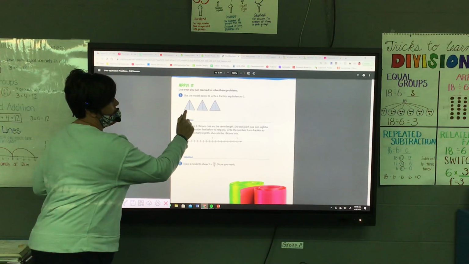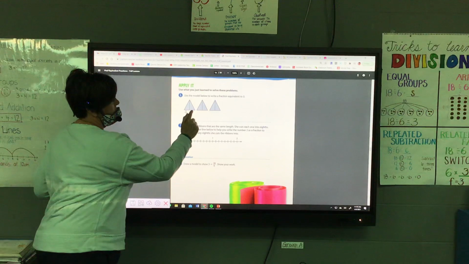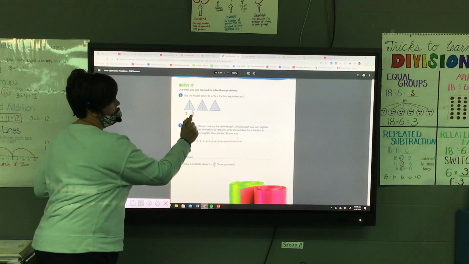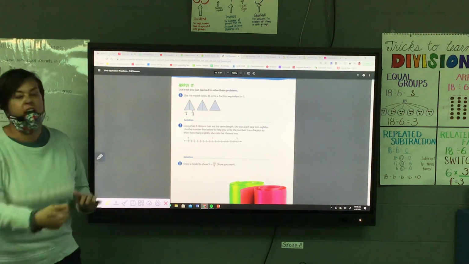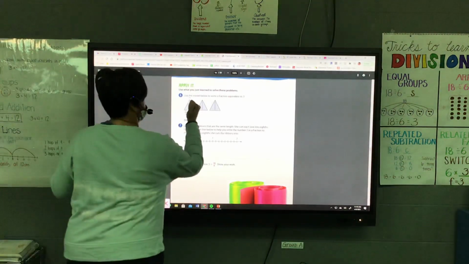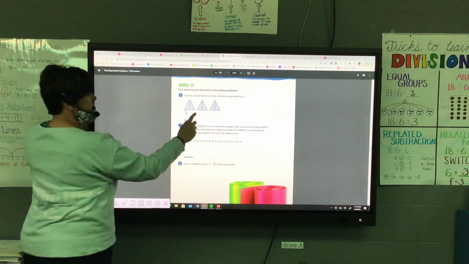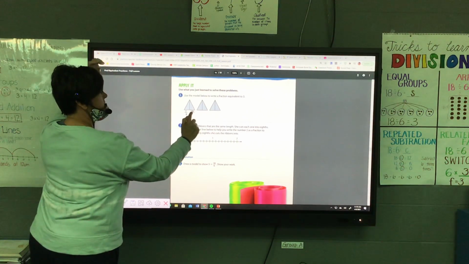So this would be 1/2, right? This would be 1/2. But if I were counting them, what would it turn into? So this would be 1/2, this would be 2 halves.